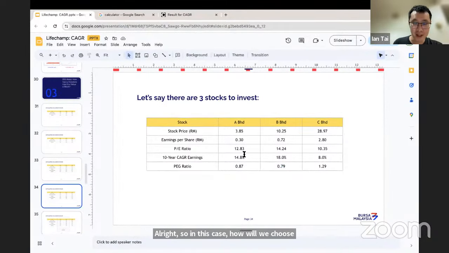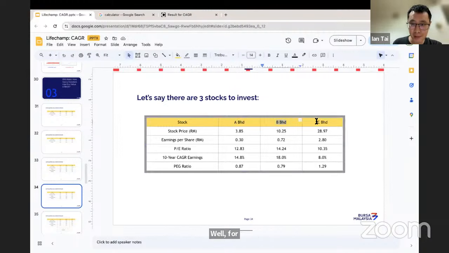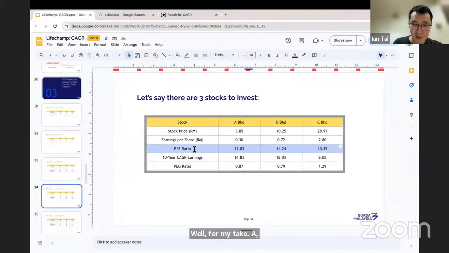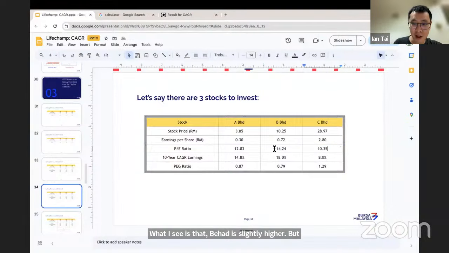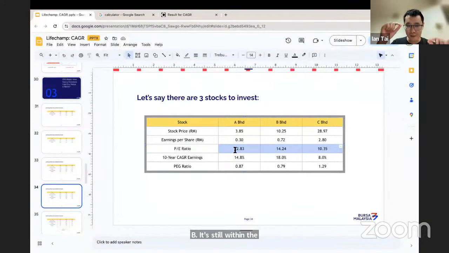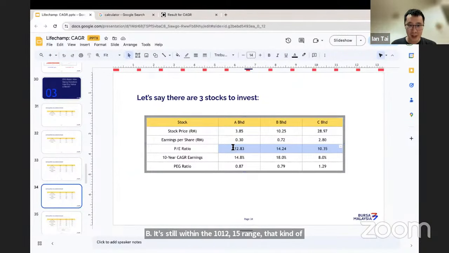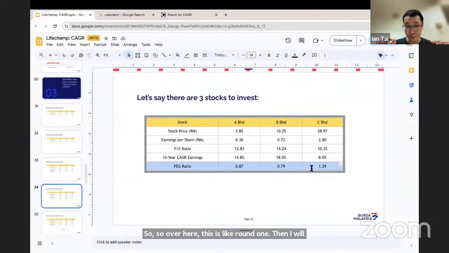For my take, A Berhad, B Berhad, C Berhad. First and foremost, when I look at the PE ratio, although B Berhad is slightly higher, it's not significantly higher compared to A Berhad and C Berhad. It's still within the 10, 12, 15 range, that kind of thing. So I will group them as pretty much similar. This is like round 1. Then I will move on to round number 2, which is to look at growth.